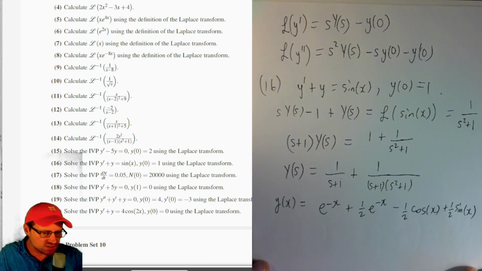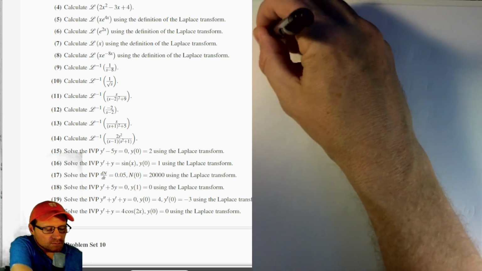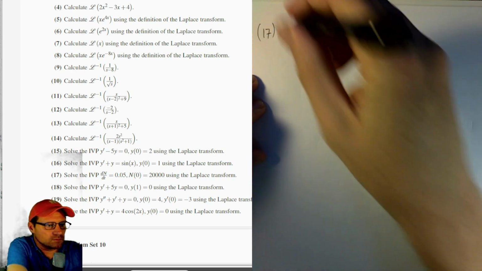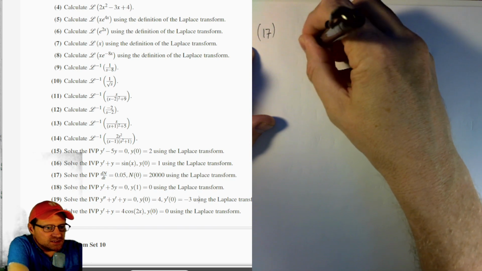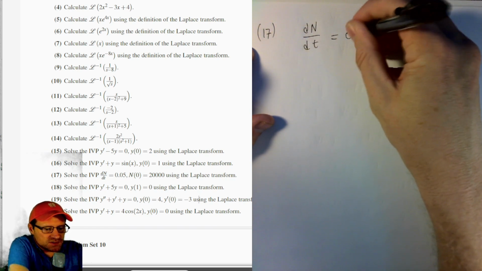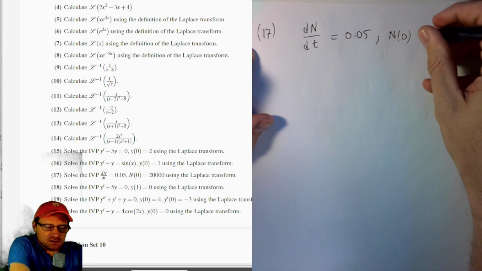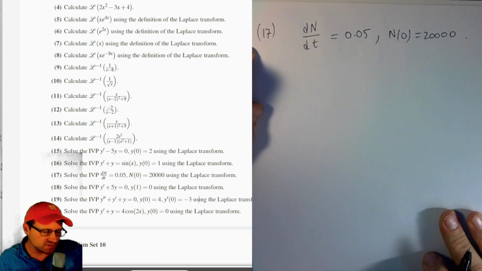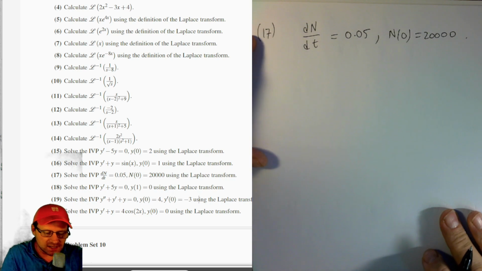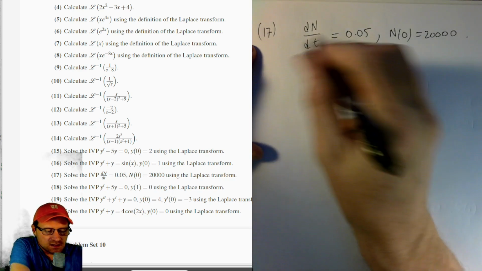Okay, question 17. dN/dt is equal to 0.05, where N(0) is 20,000. Using the Laplace transform. Okay, so let's take the Laplace transform of both sides of this.